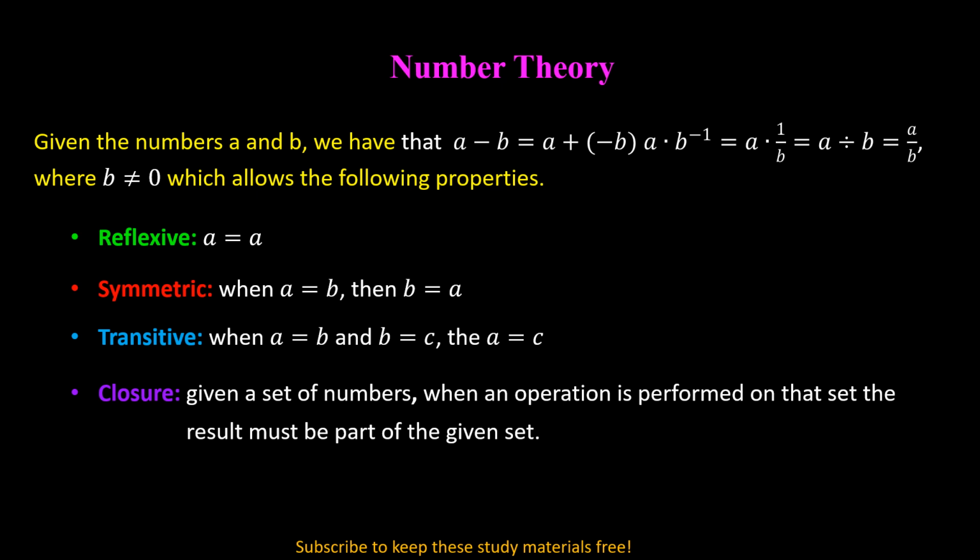If you apply an operation, the resulting value, the answer, must also be the same kind of fraction. If it's anything else, then you don't have closure, and it's an invalid operation on those items that were given. So that goes in depth. How far you get depends on the type of question and the situation. Okay, let's move on to the third set of number theory items that we need to discuss.